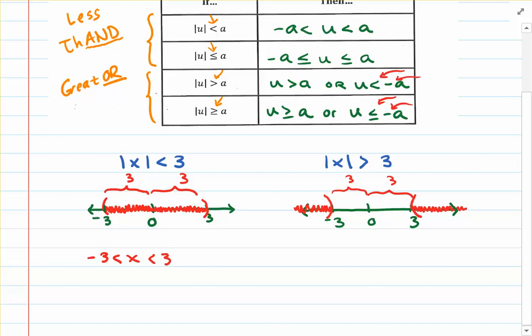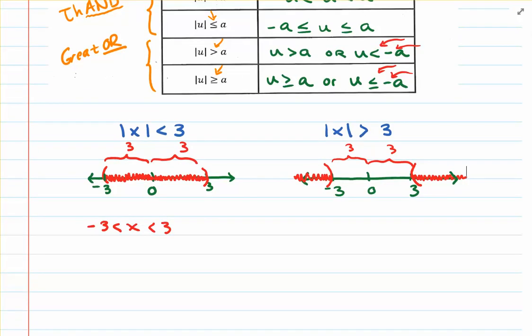If you think about it, a number from this part of the number line could be something like -4, in which case -4 is greater than 3 units away from 0. And even if you plug -4 into the absolute value inequality, you'd wind up taking the absolute value of -4, which is +4, and of course +4 is greater than 3. So we can't forget about the numbers that are negative that are more than 3 units away from 0.